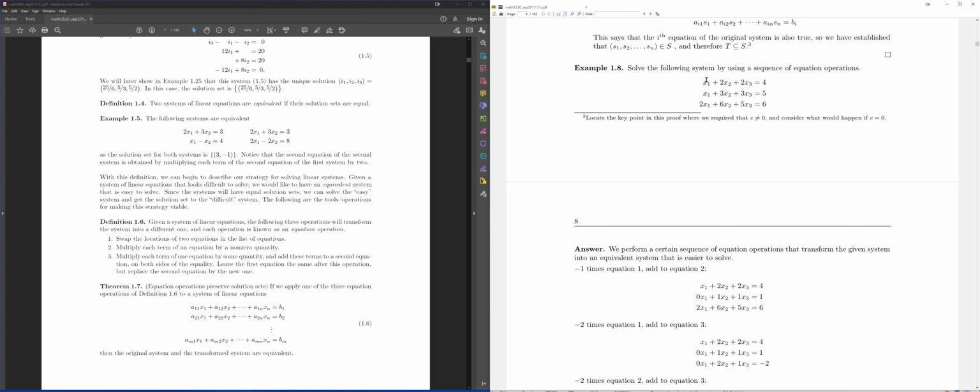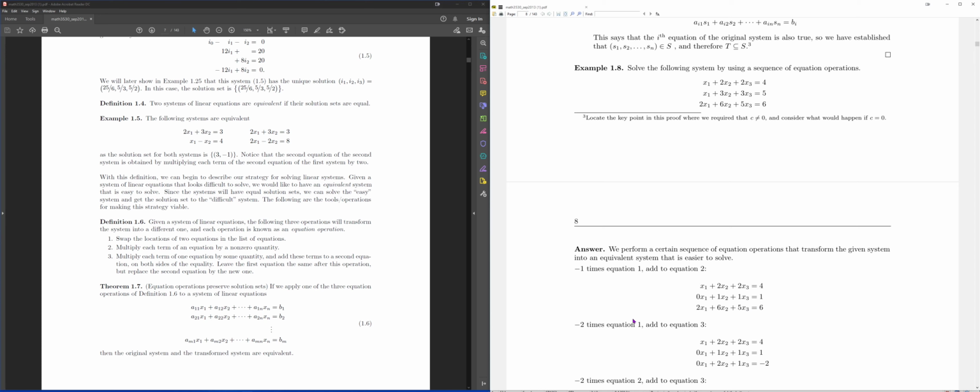It would require some proof, though. Anyway, the solution set doesn't change when you apply an equation operation of this third type, in other words, when you add a multiple of one equation to another equation.